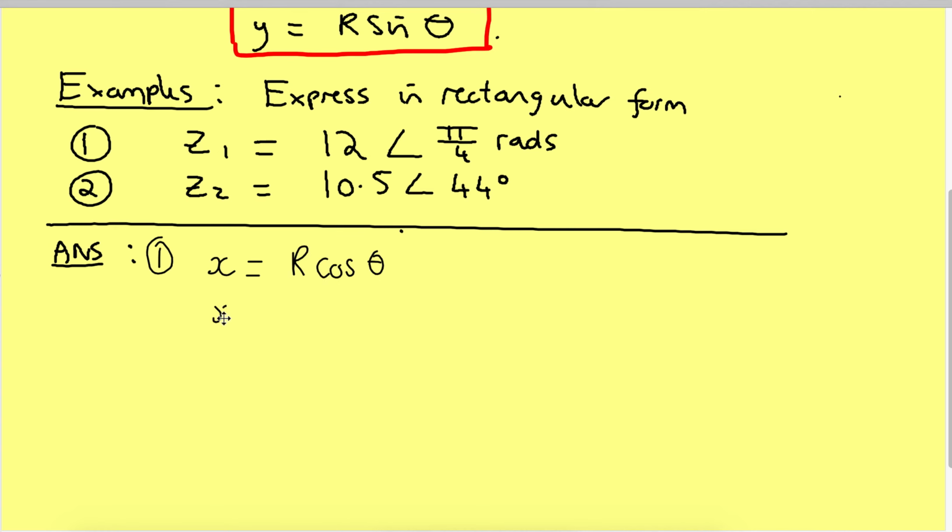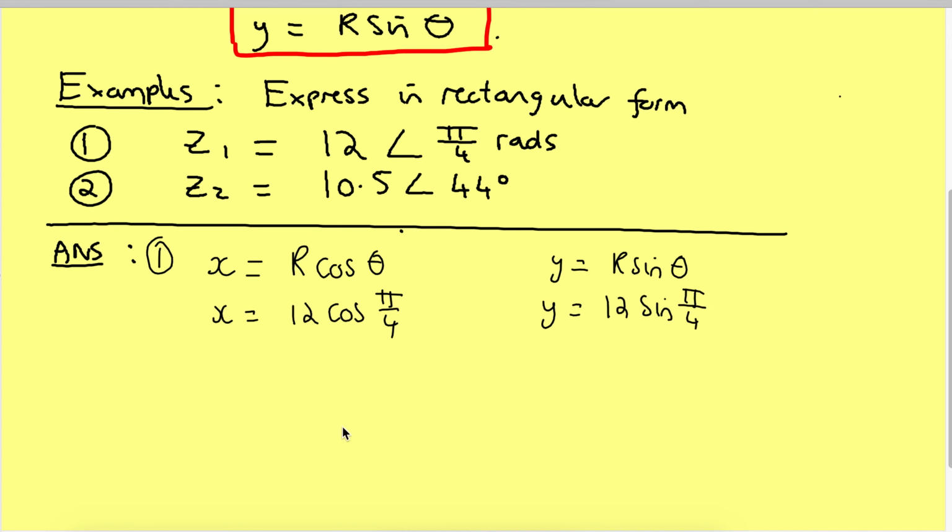So, x is, r is 12 cos pi by 4, right? y is r sine theta. So y is just 12 sine pi by 4.